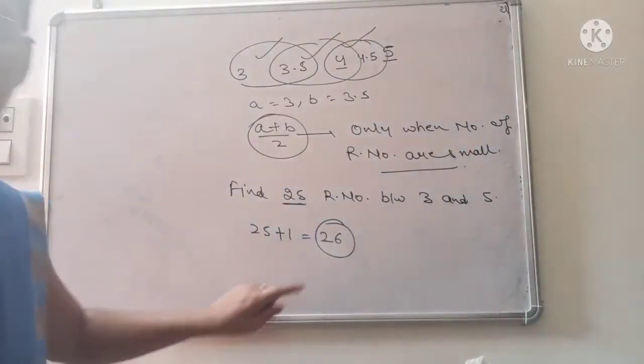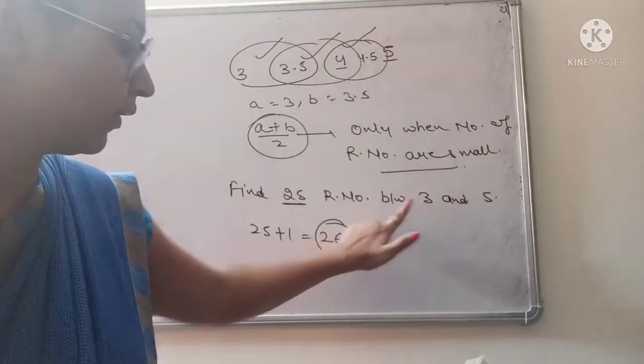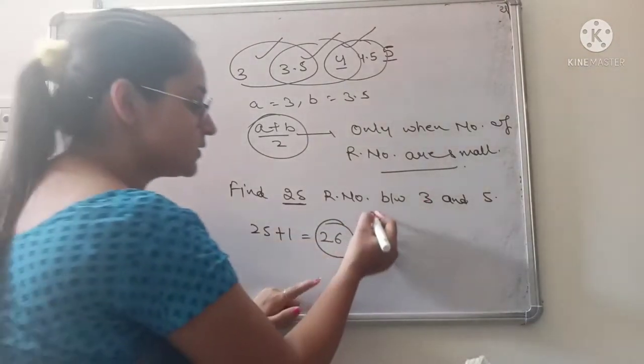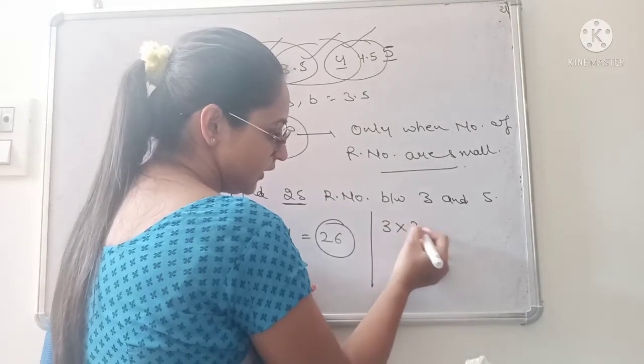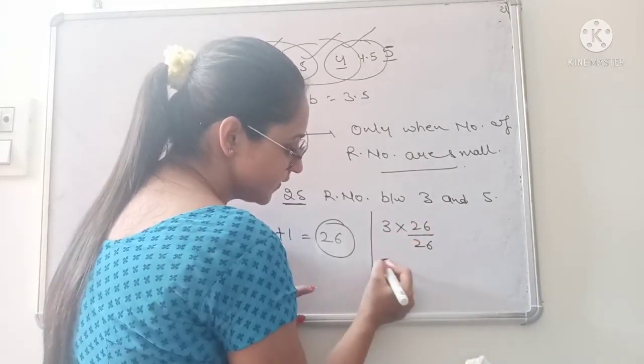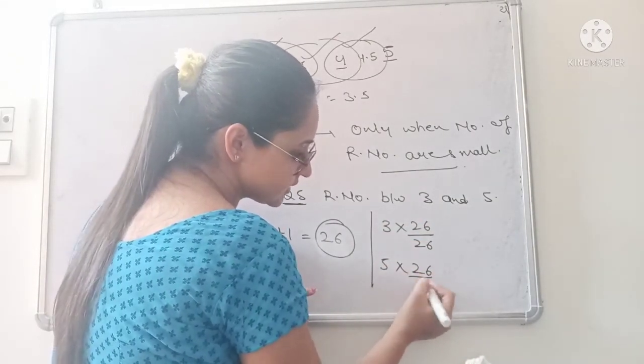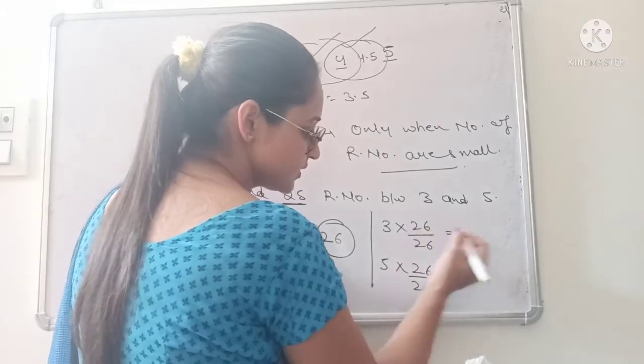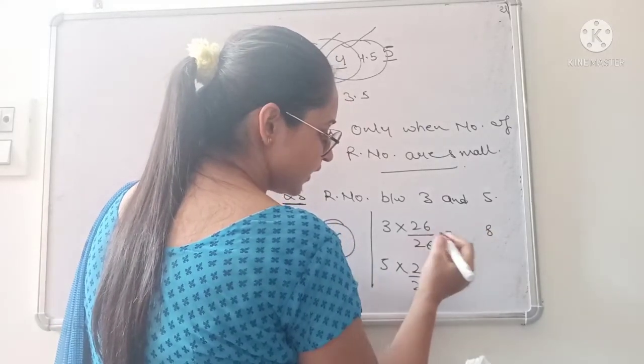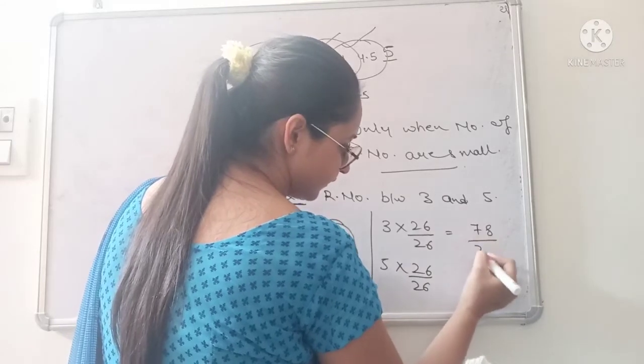Now multiply and divide the given numbers by this new number: 3 times 26 upon 26, and 5 times 26 upon 26. It will give you 3 sixes are 18, 3 twos are 6 and 1, 78.